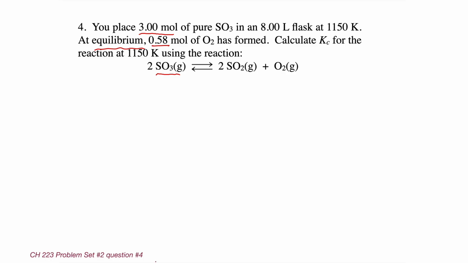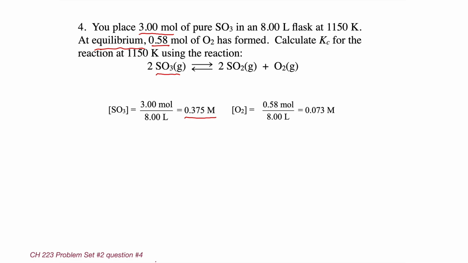Knowing all this, we can figure out what K is, and the best way to do this is to use an ice table. Ice tables and Ks almost always use moles per liter. Sometimes atmospheres, like we saw with Kp, but most of the time moles per liter. Before we go through the ice part, notice what we did here. 3 moles in 8 liters would be 0.375 moles per liter.